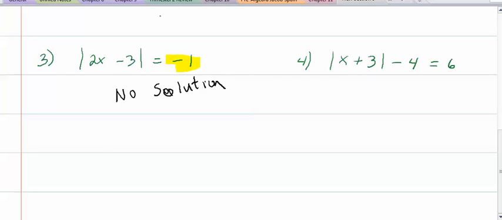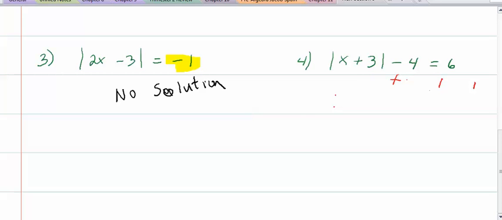We're almost finished. Alright, now I look. Before I can do anything, I have to get the absolute value signs by themselves. So how do I get the absolute value by itself?